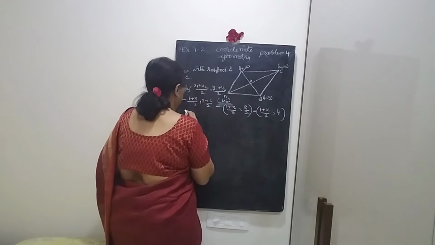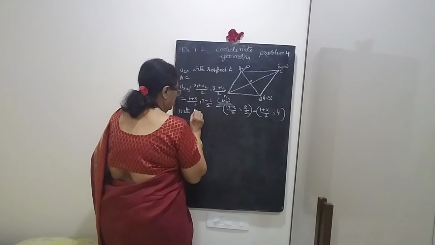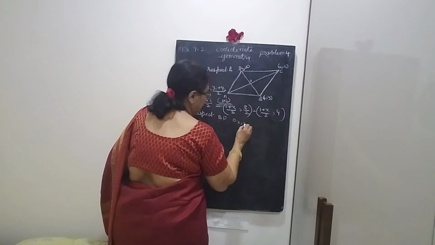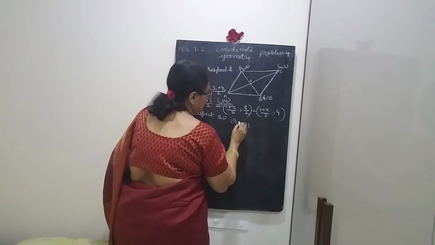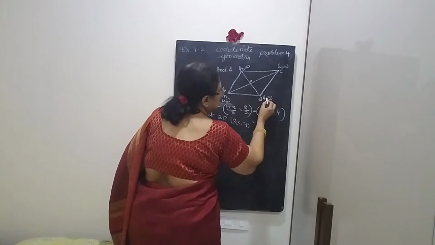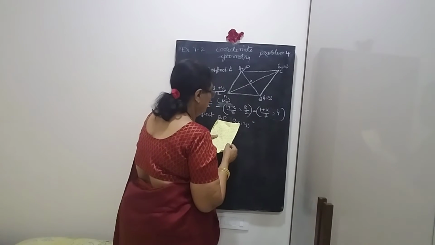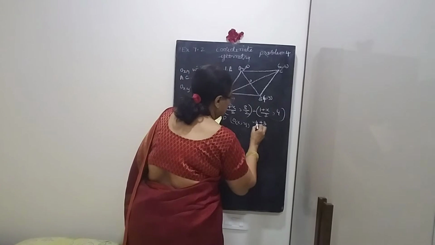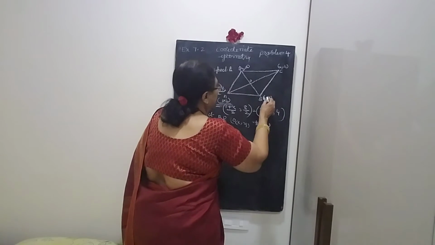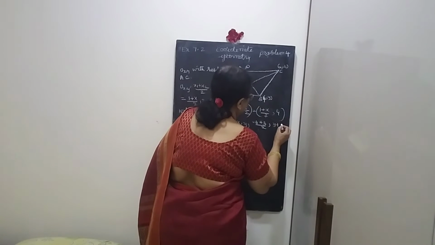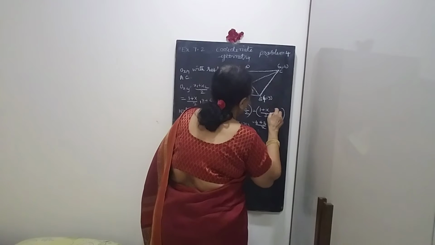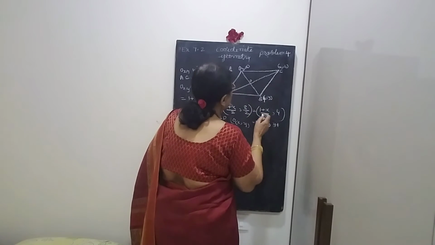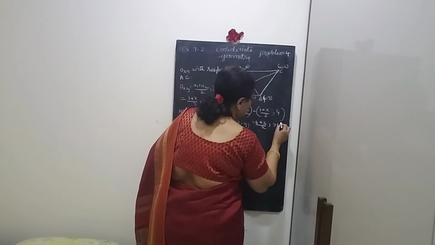With respect to BD we will find out O(x, y). Here the points are (4, y) and (3, 5). So it is (4 plus 3) by 2 and (y plus 5) by 2.